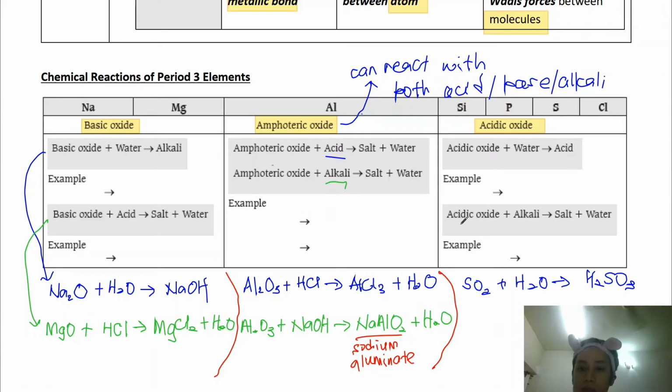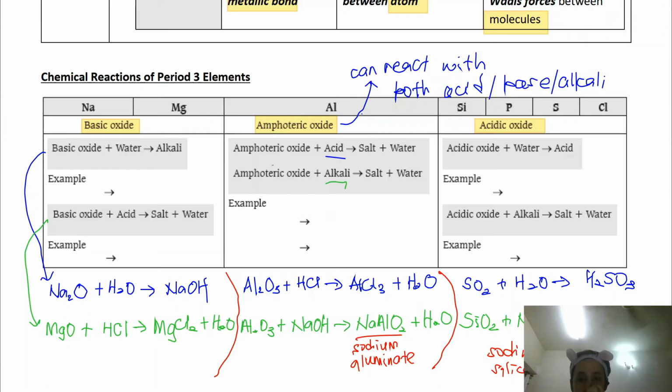And another example, if I react with alkali, let's say I take silicon dioxide and react with sodium hydroxide, I'm going to get sodium silicate and water. So this particular salt here, Na2SiO3, is called sodium silicate.